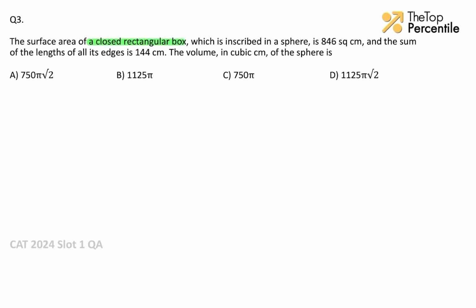Before jumping on to the cuboid and sphere part, let's work on their 2D counterparts. Imagine a rectangle. When a rectangle is inscribed in a circle, the diameter of this circle is nothing but the diagonal of this rectangle.